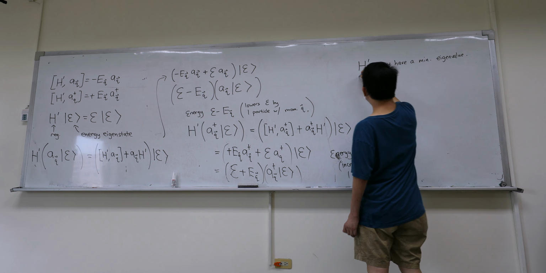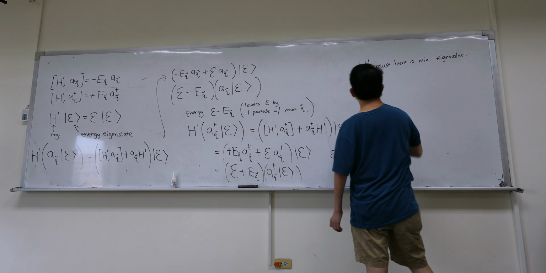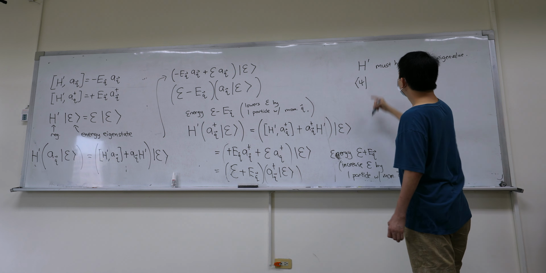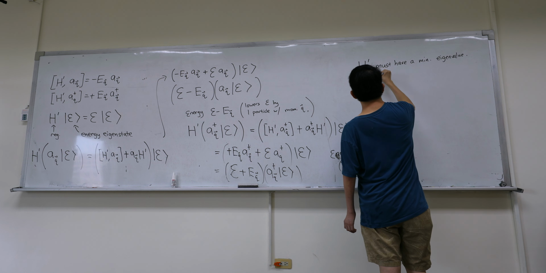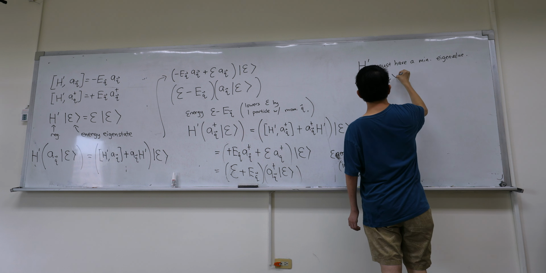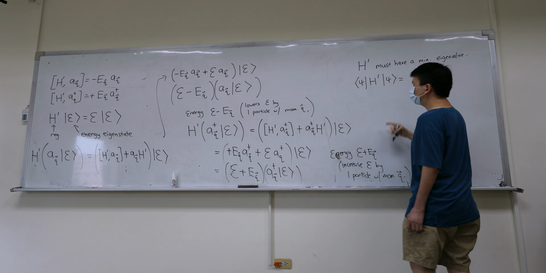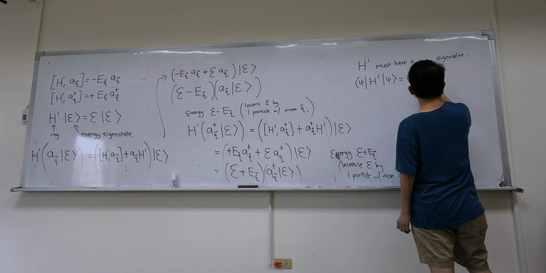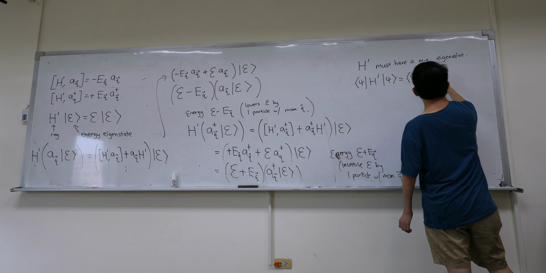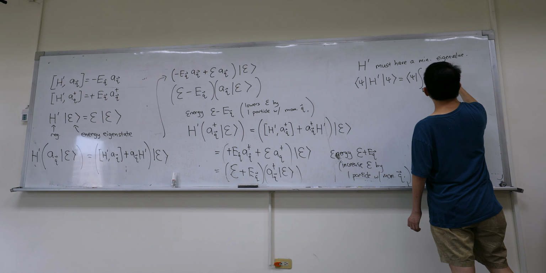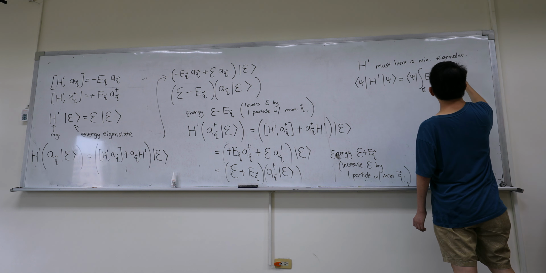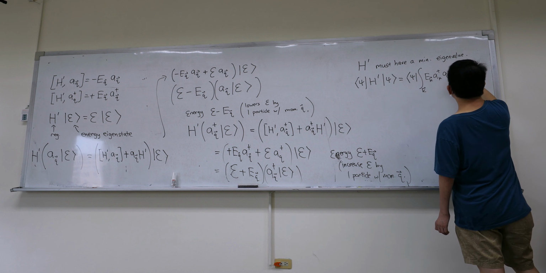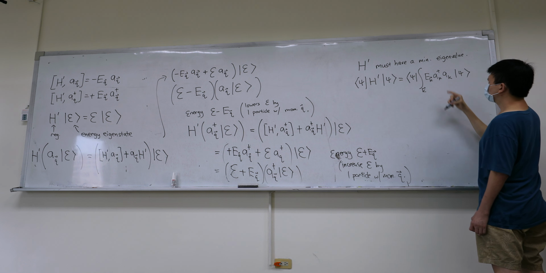Well, let's take the expectation value of H prime. So H prime, remember, is, let's write it out, integral over K, EK, and then AK dagger, AK. Psi, that's the first part.